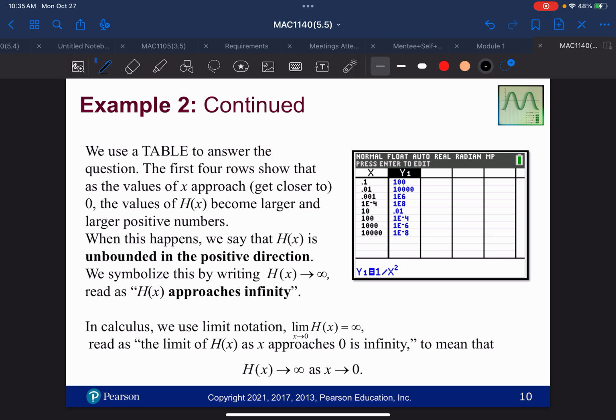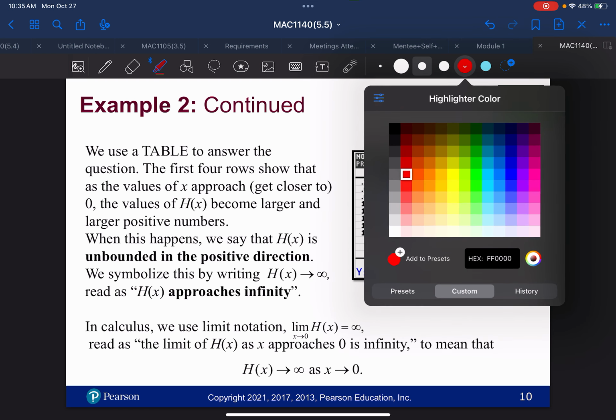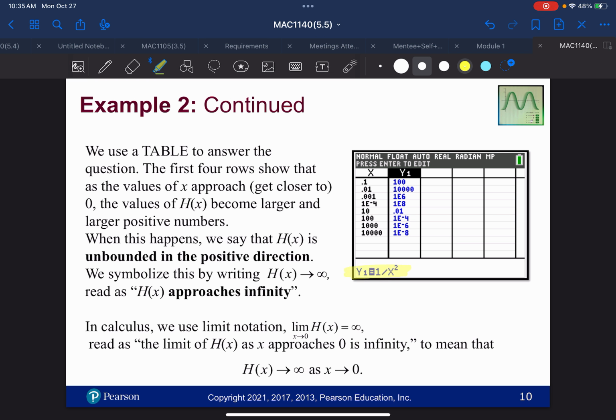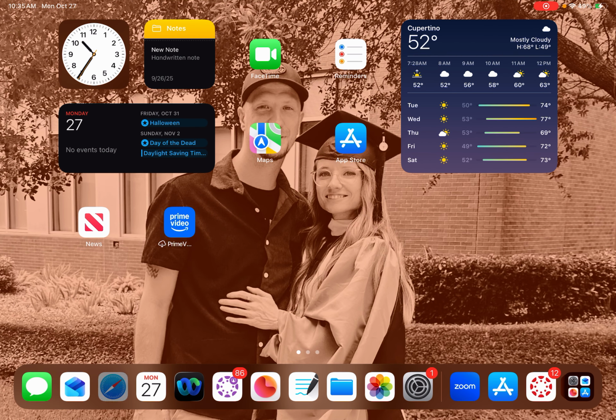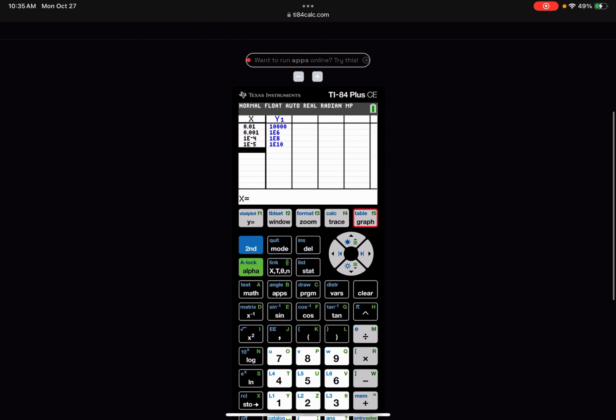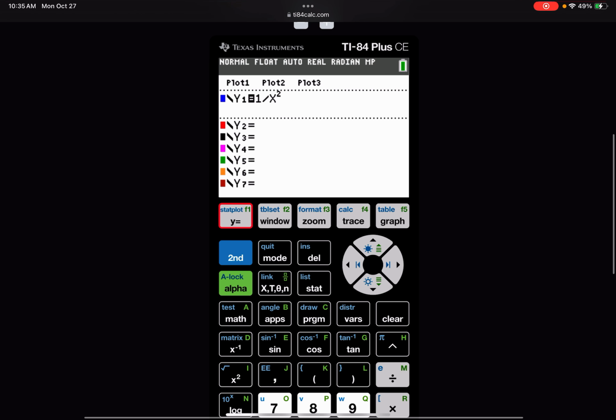So if you go into your graphing calculator and you type in this function, y equals 1 over x squared, into the y equals button, I'll show you. I have that function already in the y equals.